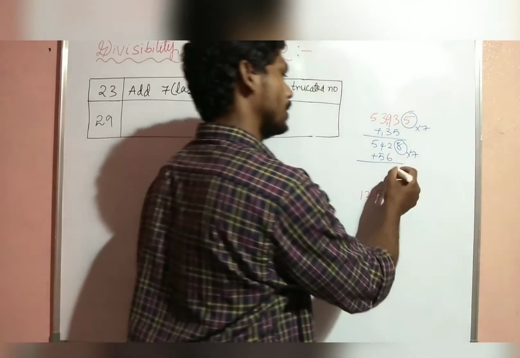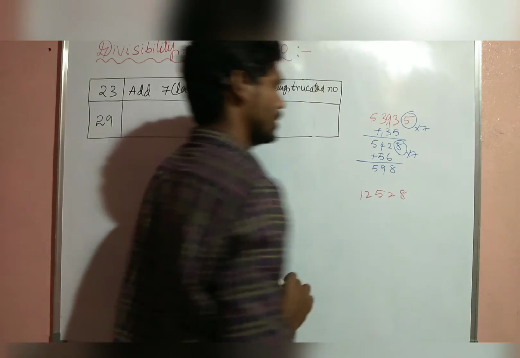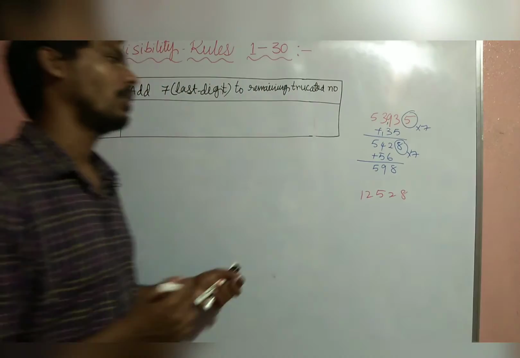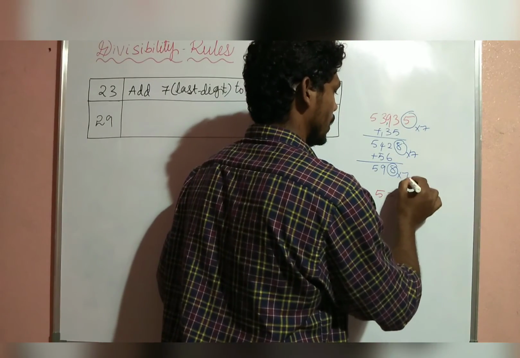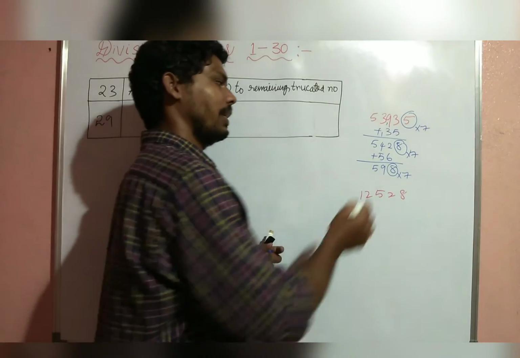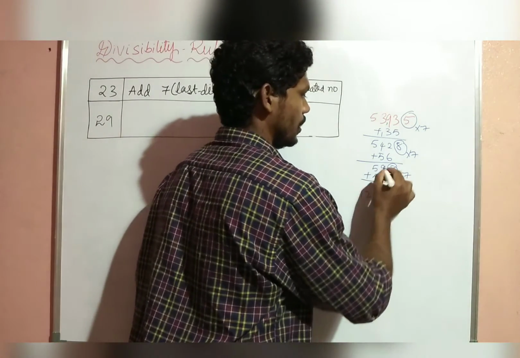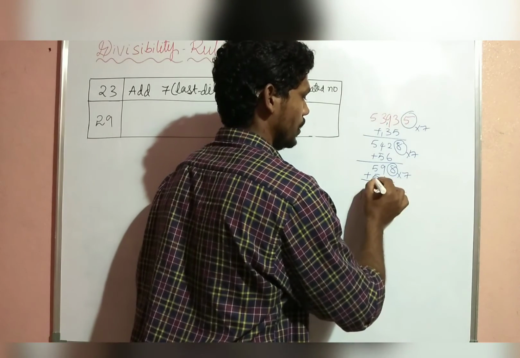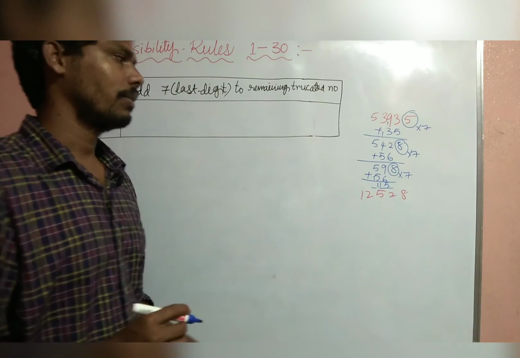Here 2 plus 6 is 8, 4 plus 5 is 9, and 5 is as it is. Again a 3-digit number, so repeat the process. Multiply by 7, 7 eights are 56, 56 plus 59. So 9 plus 6 is 15, 5 plus 5 is 10, 10 plus 1 is 11.